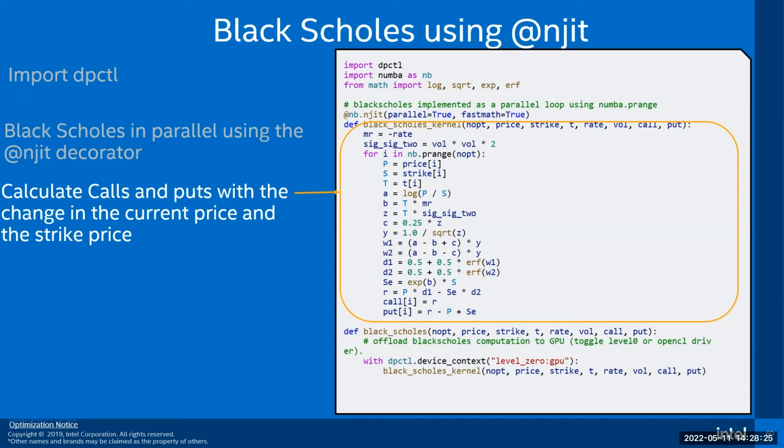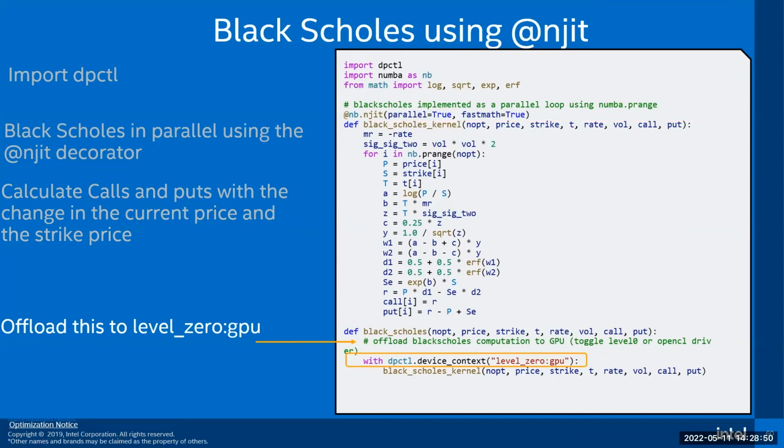It will be like every second, and there will be millions of operations that happen to calculate the calls and puts. The logic is a little bit out of scope here, but at least the main key takeaway is we use numba.jit and we pass in the prange, which is explicitly calling the prange, and then we are offloading to the device to compute this in parallel.